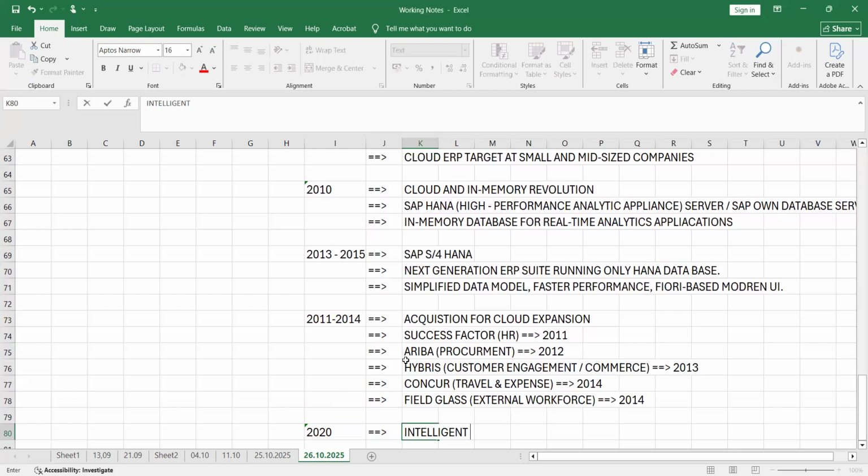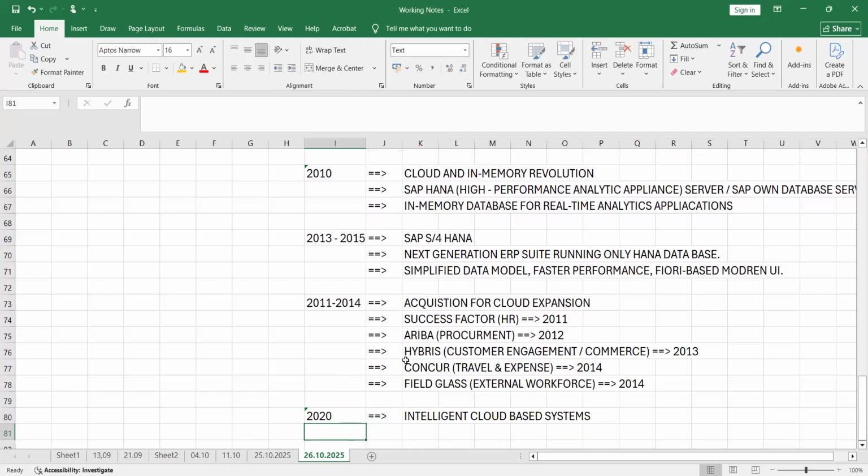This we'll talk about later. What is cloud and all that, on-premise? We are going to discuss in our project sessions. So, cloud-based systems in the year 2020.